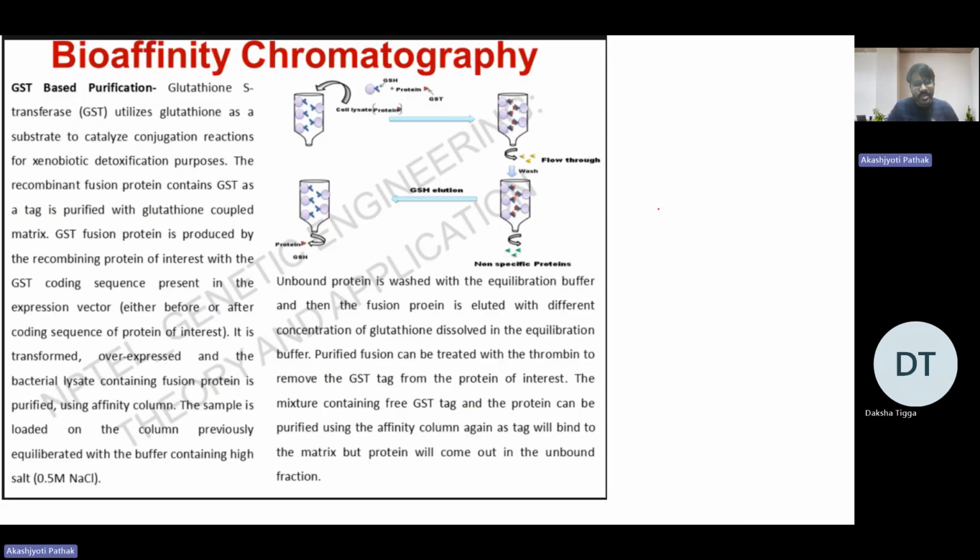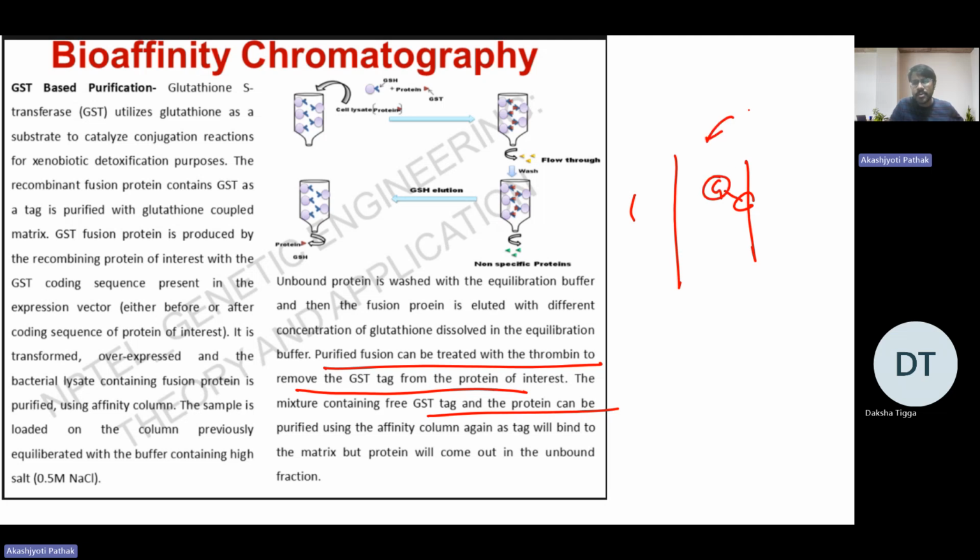You can read this as well. So you see here, the purified fusion can be treated with thrombin to remove the GST tag from the protein of interest. So you have a matrix immobilized with glutathione, and then you have the protein with the GST tag along with it.